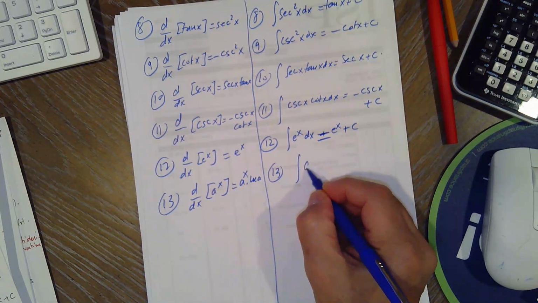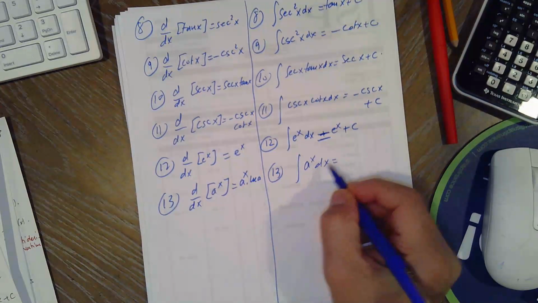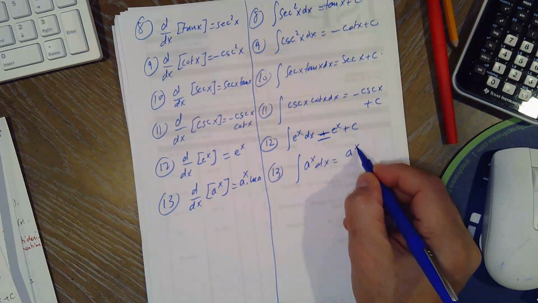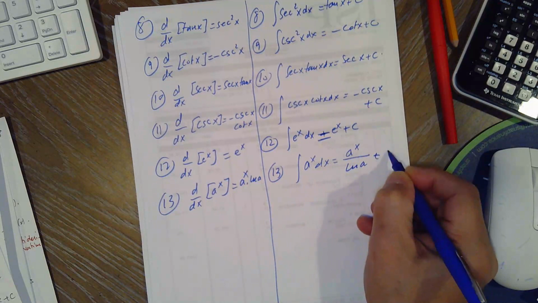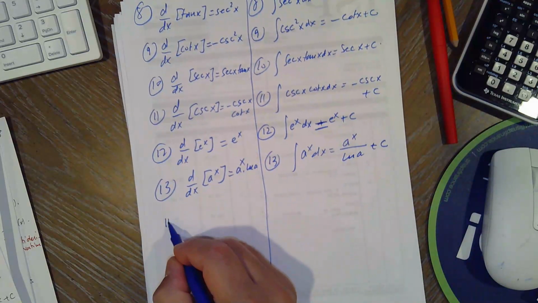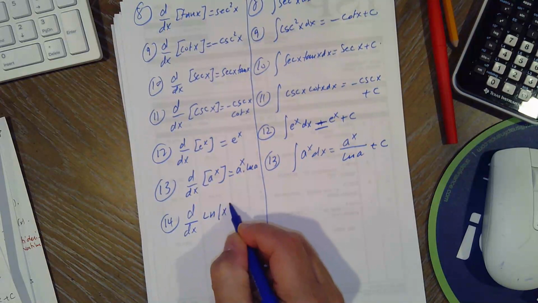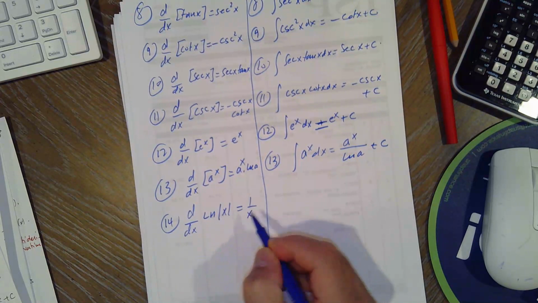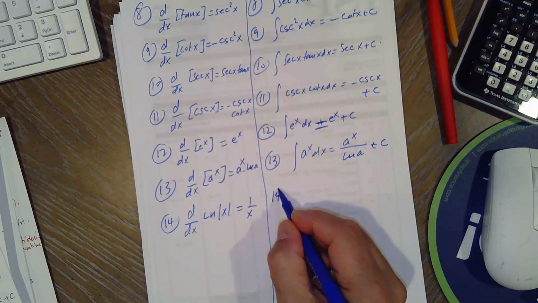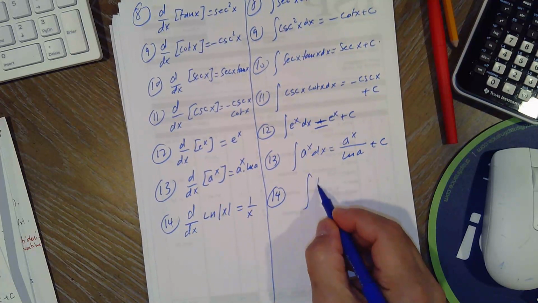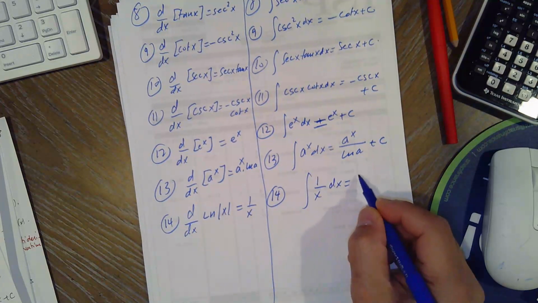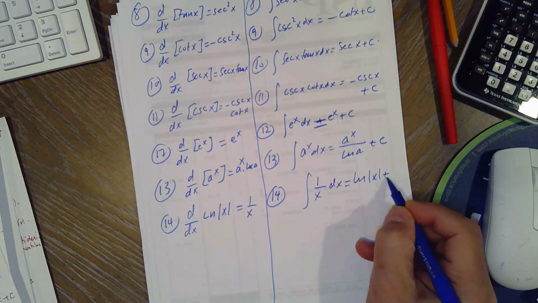So instead of multiplying by ln of a, in the antiderivative we divide by ln of a. The derivative of ln of the absolute value of x is 1 over x. The antiderivative of 1 over x dx is ln of the absolute value of x plus c.